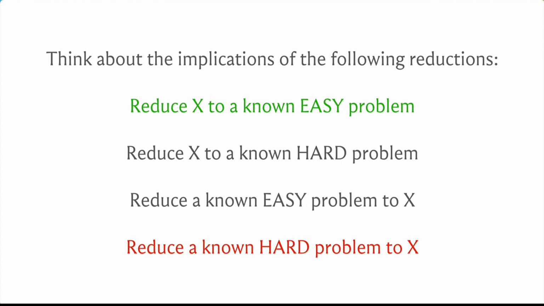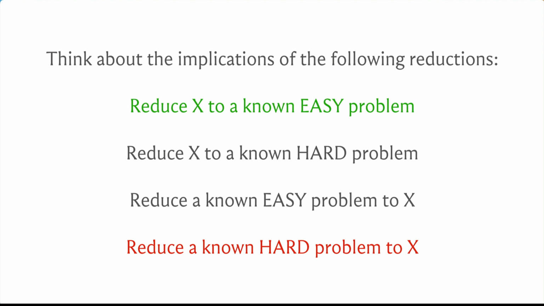And if the hard problem has sufficient historical baggage, then you will be able to sell the idea that your problem is also a hard one. What you can say for sure is that X is at least as hard as the problem that you reduce to it. So depending on how hard a problem you can reduce to X, the more you will be able to say about the complexity of X.